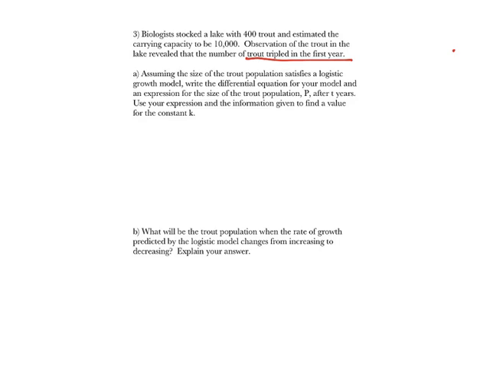So I want dP/dt and I want P. That's what they're telling me to find. Okay? They're telling me that P of 0 is 400 and that the carrying capacity is 10,000. Okay, so actually, I'm sorry, they ask for an expression for the size of the trout population P after T years.